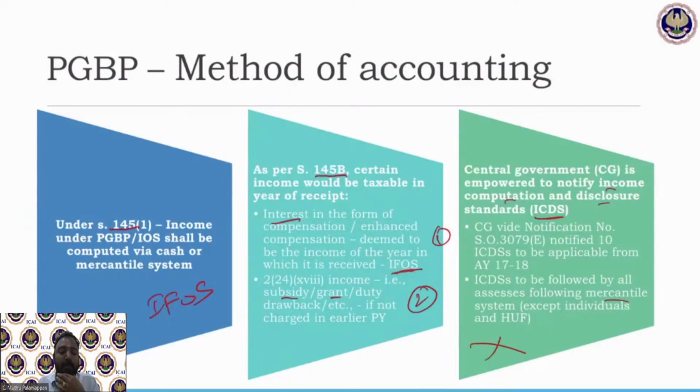With this, we have now understood the very basics of what you call business and profession. Now we'll move on to the sections, which tell you what is taxable, when it is taxable, and how much is taxable.